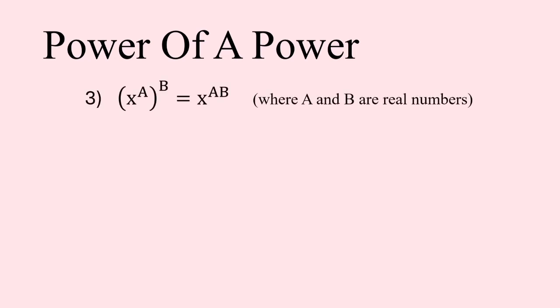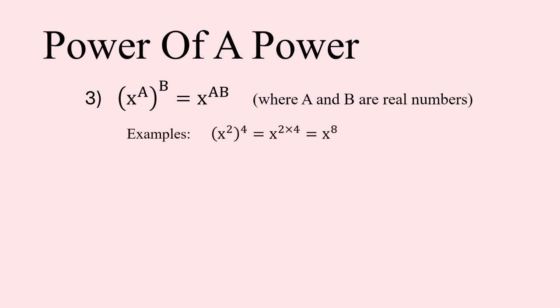Now, when taking the power of another power, you multiply the indices. In other words, if a and b are real numbers, then x to the power of a, all to the power of b, is equal to x to the power of ab.